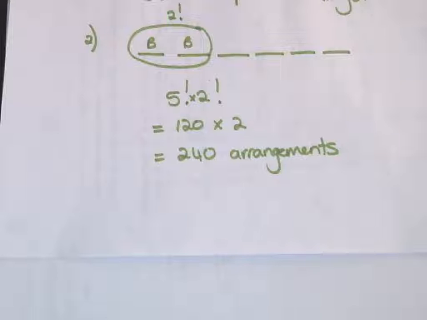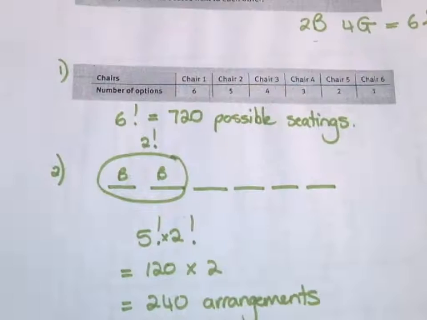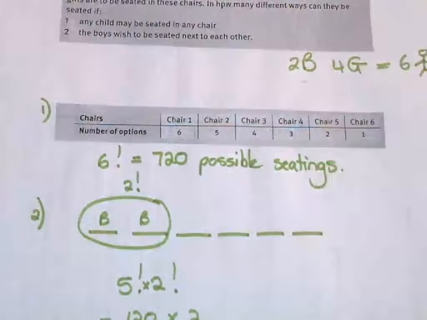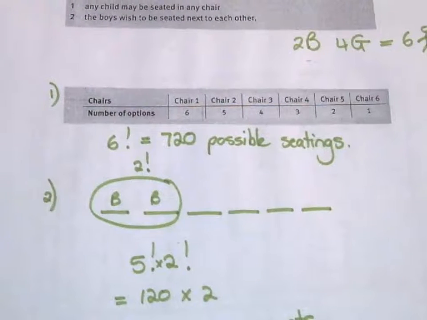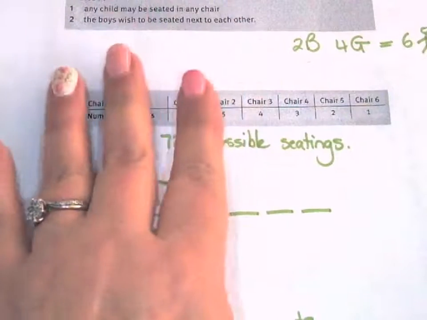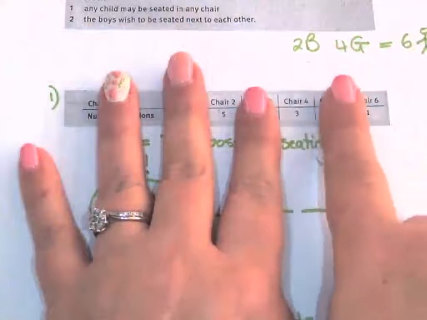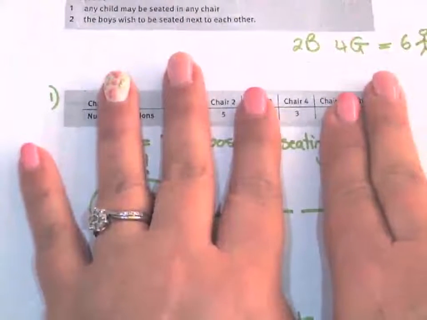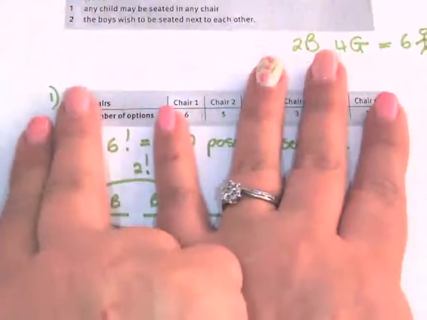Why do you say 5? If the boys want to sit together, you treat them as a whole. So we have to imagine that they're sitting on one chair. They're sitting on 2 chairs, but they're a unit. So the boys are a unit, and the 4 girls. So it's the 4 girls and the boys as a unit. This is the 2 boys. They sit together. So they can either sit in front together.